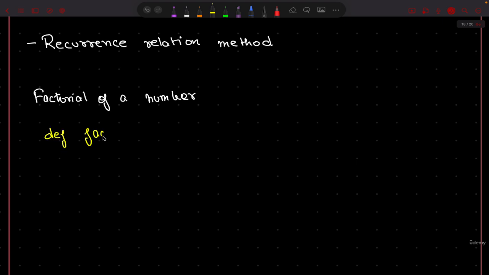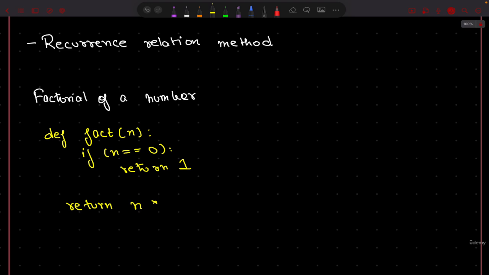I'm just writing code which is pseudo in nature. The good thing with Python overall is that it is very close to pseudocode as well. So return 1, right? And then we used to return n into factorial of n minus 1, right? So this is the case.